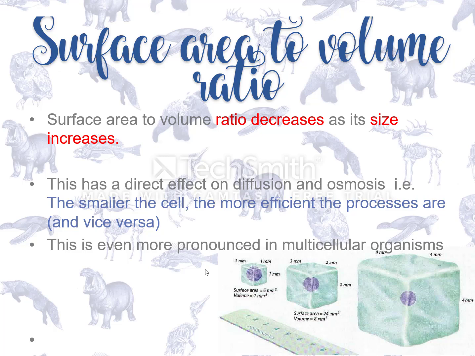The ratio of the volume inside that organism would depend on its size. So as an organism becomes bigger and bigger and bigger, there is a greater ratio between surface area and volume. Okay. And what I need you to know from that is just this little blue line. The smaller the cell, the more efficient the processes are.